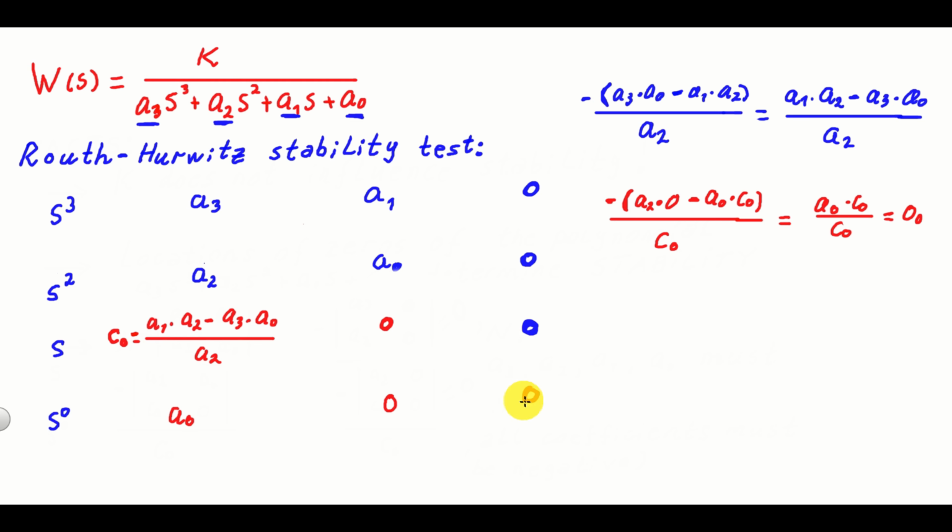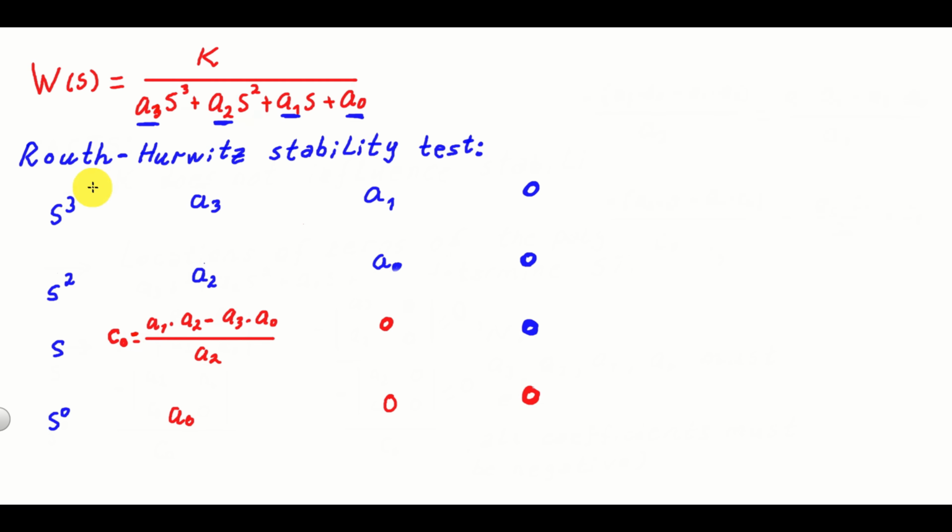Okay, good. The Routh-Hurwitz stability test, or the stability theorem, tells us that if all the coefficients in the first column, that is in this column of the Routh-Hurwitz stability table, are positive, then the system is asymptotically stable. This is very important.